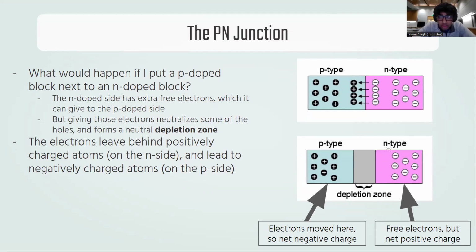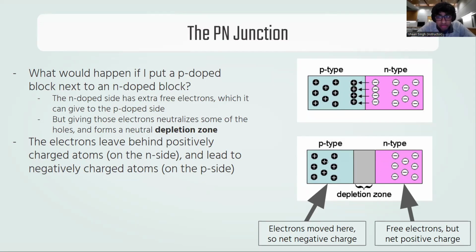But once these charges migrate, once the negative charges migrate out of the N side, now the N side has actually become charged. It's lost some of its negative charge, but all the positive charges that are fixed in the lattice remain. And so actually, since we've lost some of the minuses on the N side, we've accumulated a net positive charge here, an actual real net positive charge.